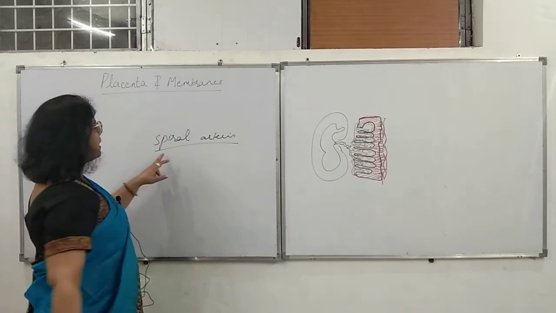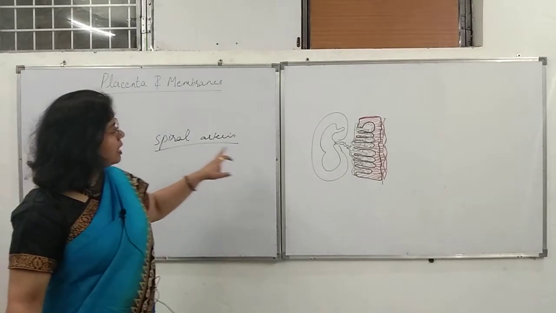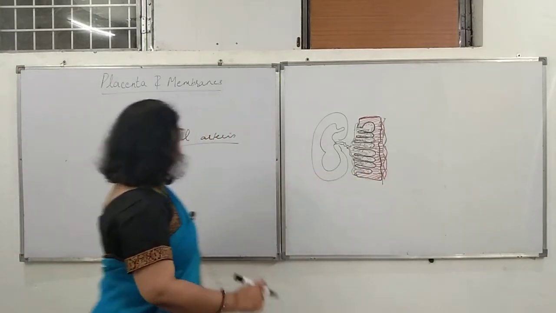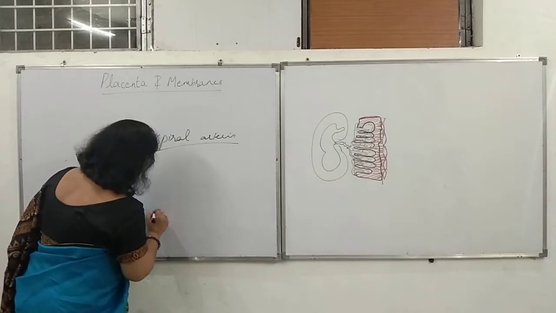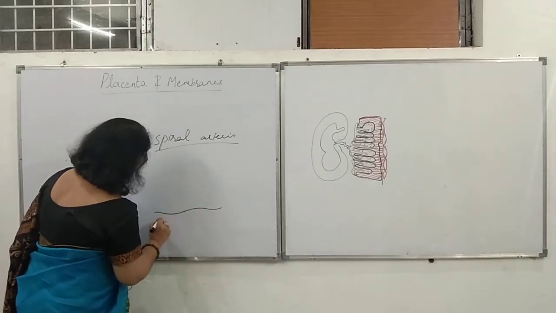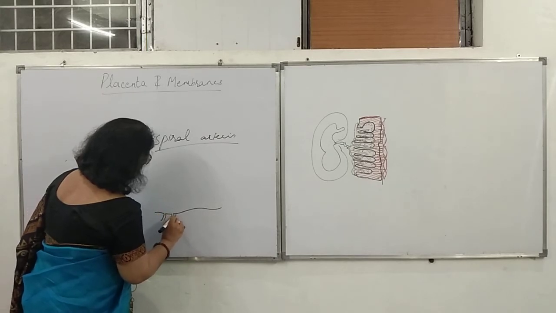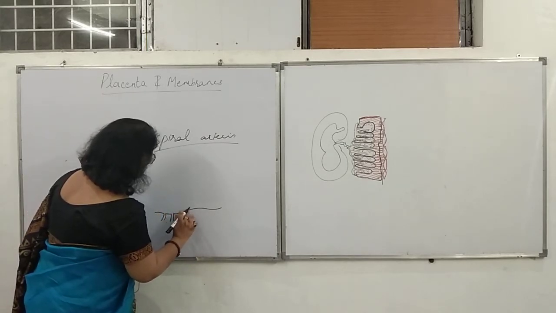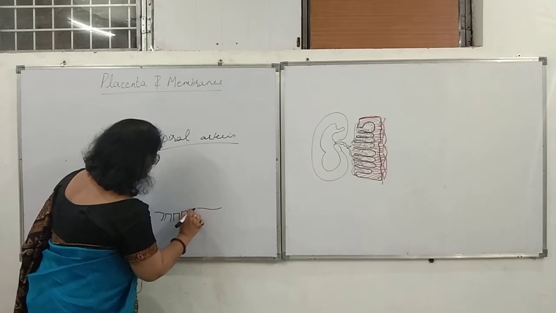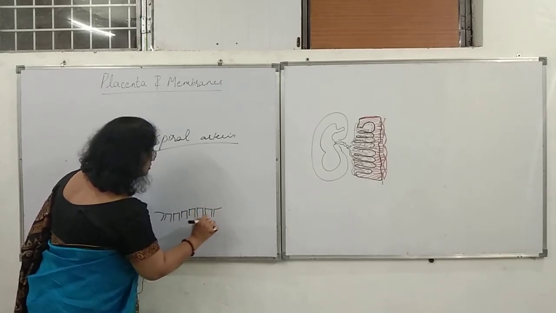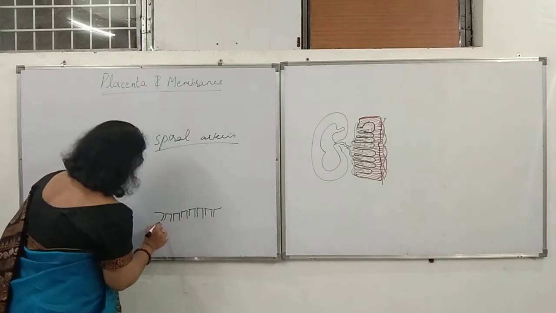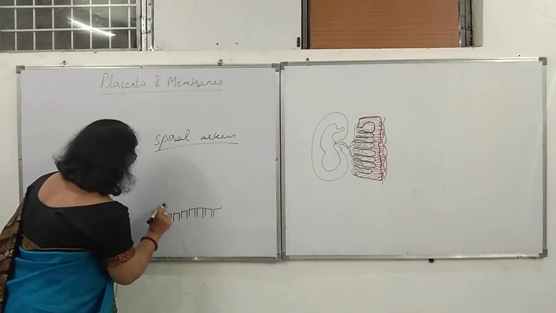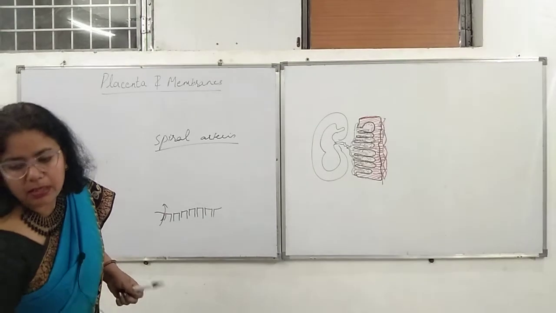Blood is coming through the spiral arteries, and these spiral arteries open into the intravillous space. Blood goes like a splash.